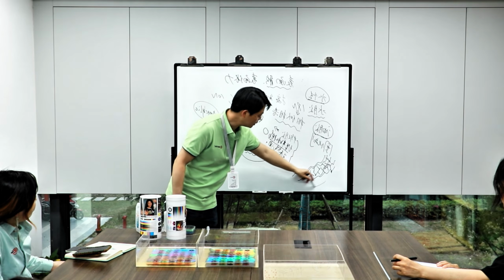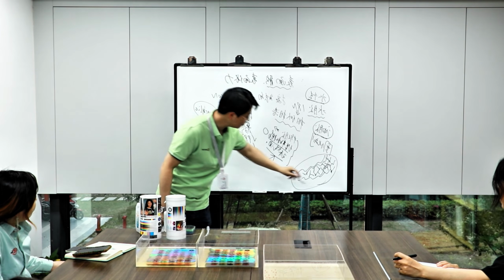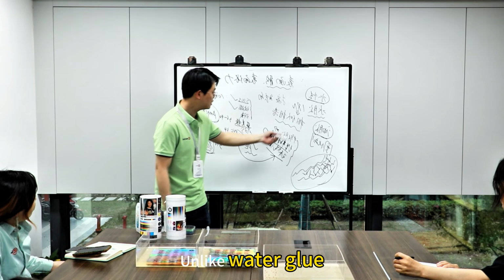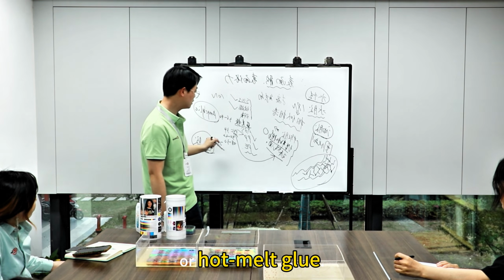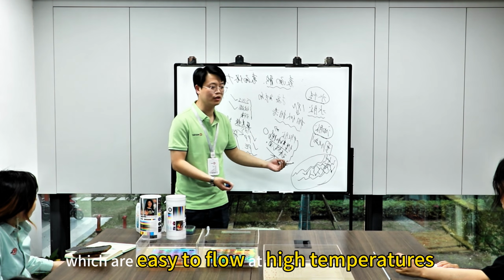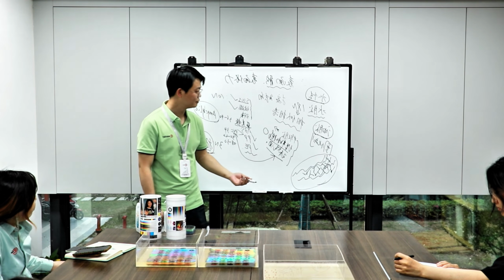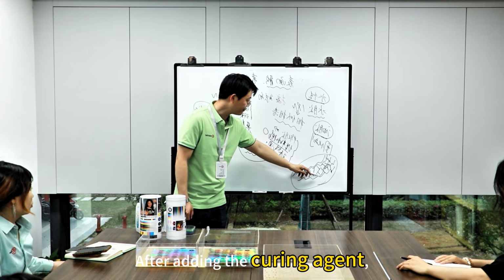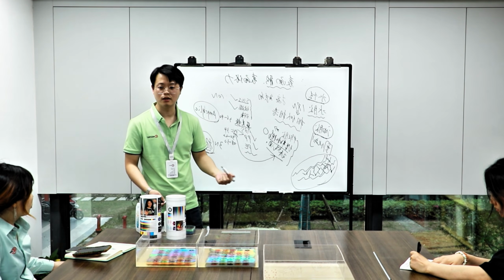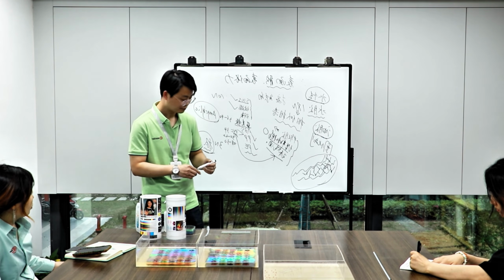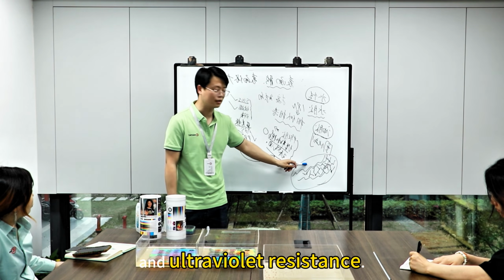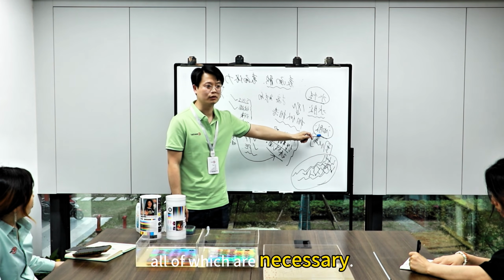For this structure, if you apply high temperature, it will still be relatively tight, unlike water glue or hot melt glue without curing agent, which flow easily at high temperatures. After adding the curing agent, even at over 100 degrees, it can still maintain its stability, along with some weather resistance, outdoor and ultraviolet resistance, all of which are necessary.